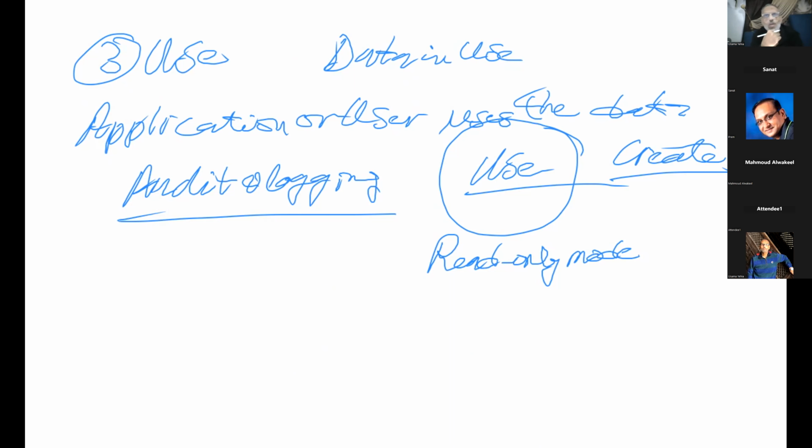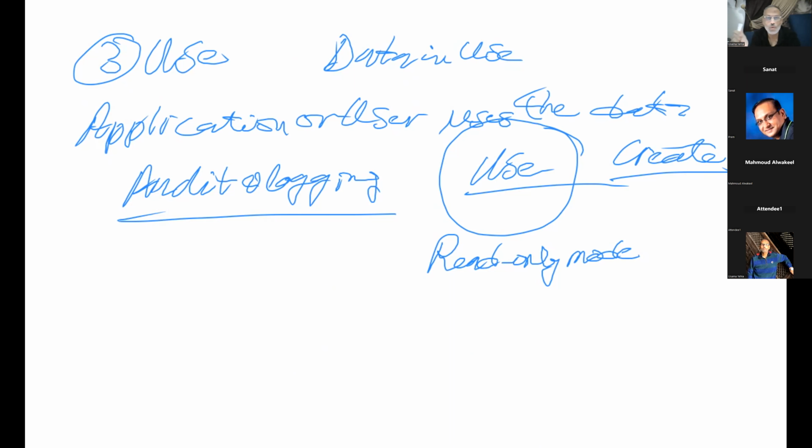If you make changes to data, in which phase should it be considered? I think changes of the data at rest is the best. In which phase? Data at rest.